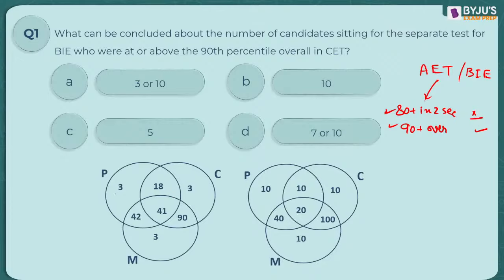So that means it will consider these candidates because they have not qualified in two sections but have 80 percentile in P. Okay, so the answer will be 3 or 10 depending on the case. So it could be 3 candidates or it could be 10 depending on the two cases.